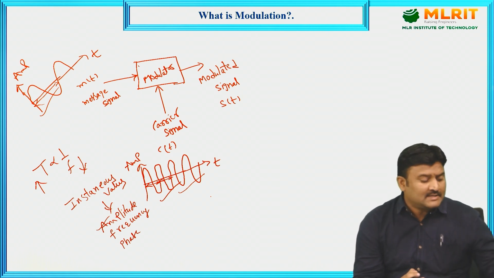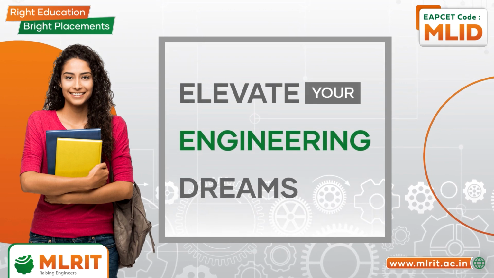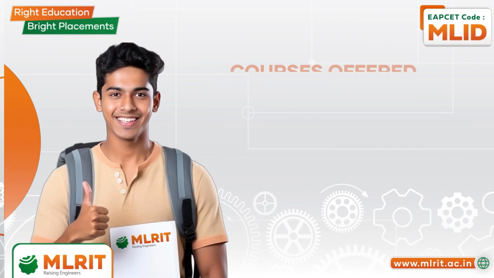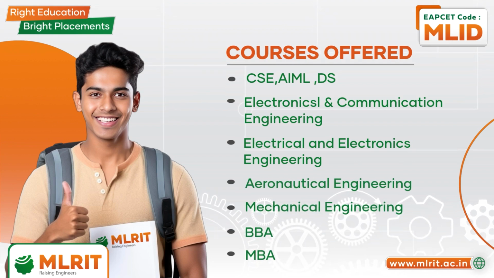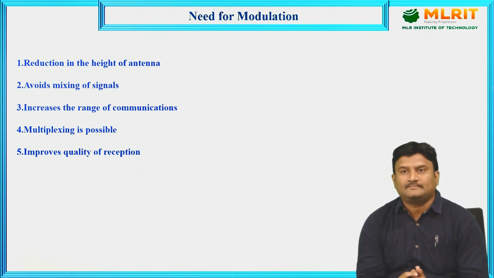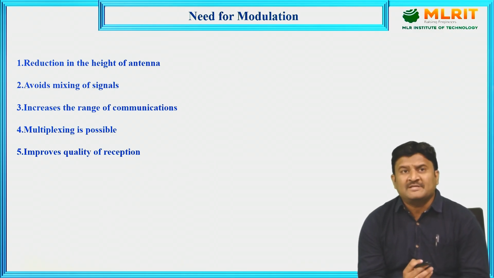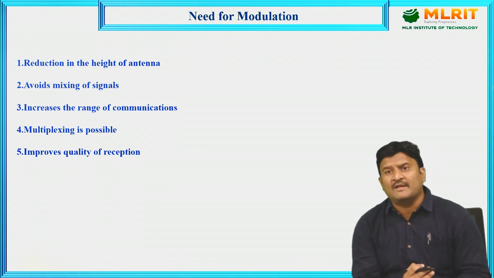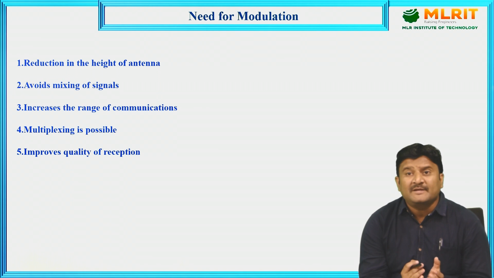Then what is the need for modulation? Once you know the definition of modulation, especially in the communication system, we know very well that a communication system means transmitting information from the transmitter to the receiver.